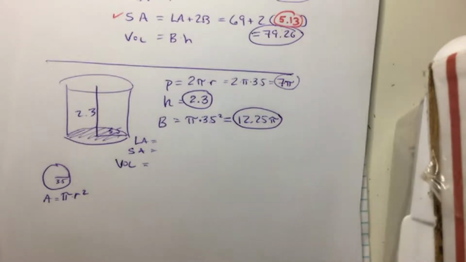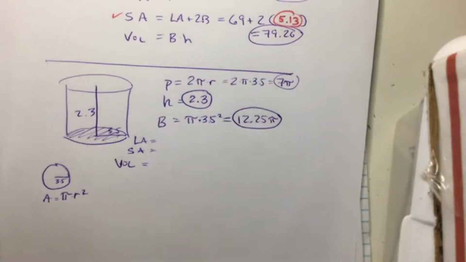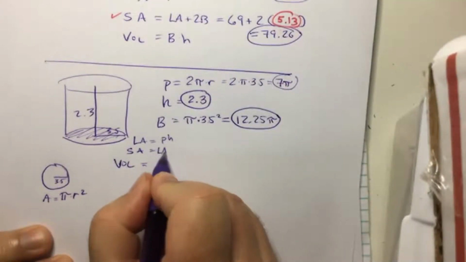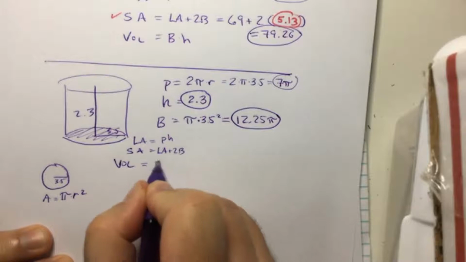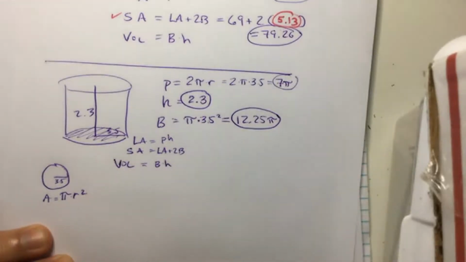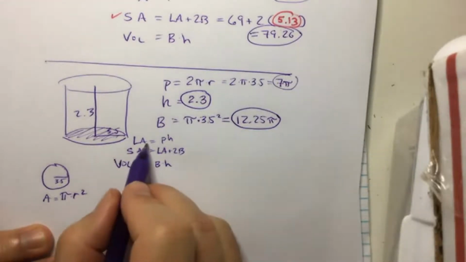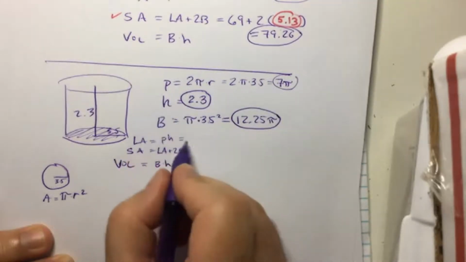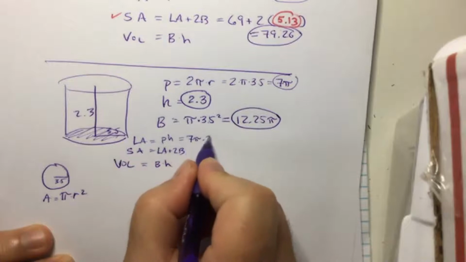Okay, so now we go back to these formulas. These are the 3D formulas now, these ones down here, LA, SA, and vol. P times H, LA plus 2B, and B times H. So the lateral area is the P times the H, so 7 pi times 2.3.